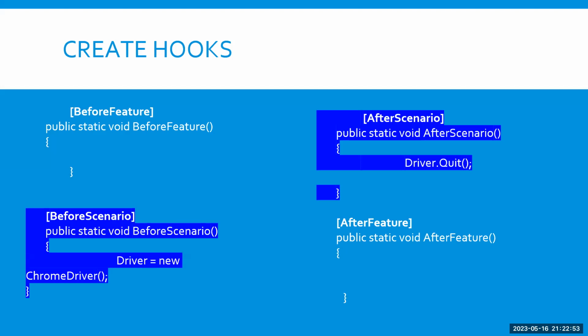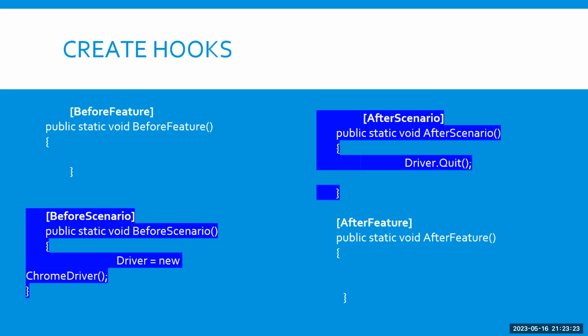You need to put that in your before scenario, meaning go to Google Chrome, open the URL for me and launch the URL for me. That is exactly what it's doing there. So the driver that you've installed from your NuGet package is in line with your browser, so it opens your browser for you, after which we must have a test to say go to this URL, which I will go and show everyone.